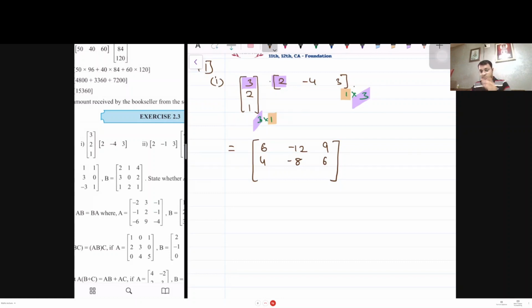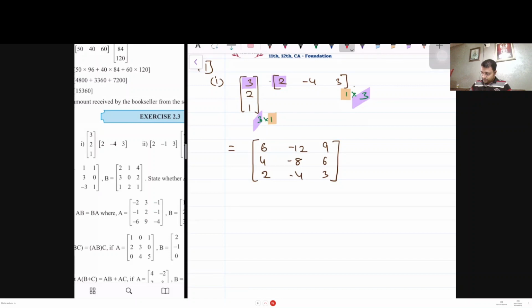First row all the 3 columns over. Second row all the 3 columns over. Repeat the procedure for the third row and all the 3 columns. So 1 into 2 is 2, 1 into negative 4 is negative 4, and finally 1 into 3 is just equal to 3.